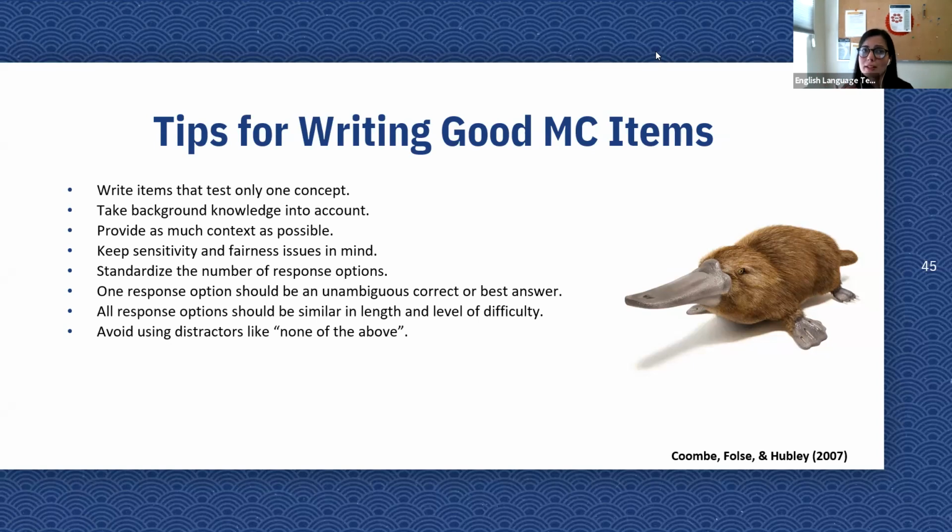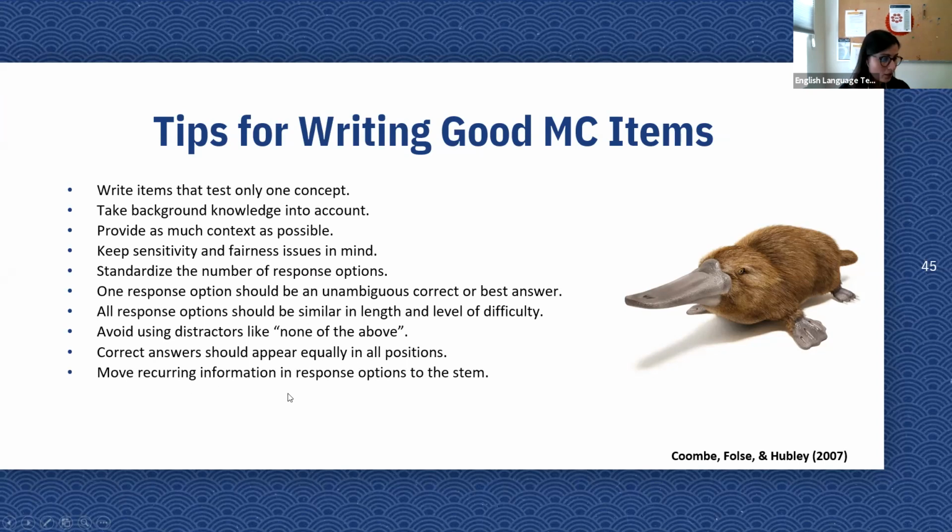Also, with all of the above, if you have 2 options that are correct, then you already know that the answer is all of the above, even if you're not sure if the 3rd option is correct or not. So they recommend avoiding distractors like none of the above or all of the above. Correct answers should appear equally in all positions. So don't have all correct answers be letter A, or all be letter B, or a pattern. They should appear equally in all positions.